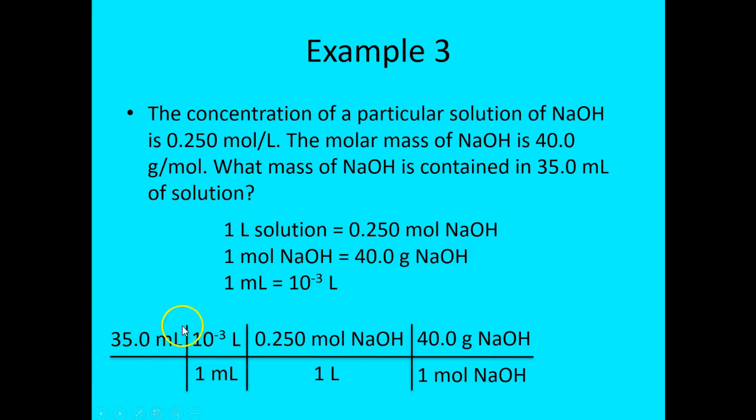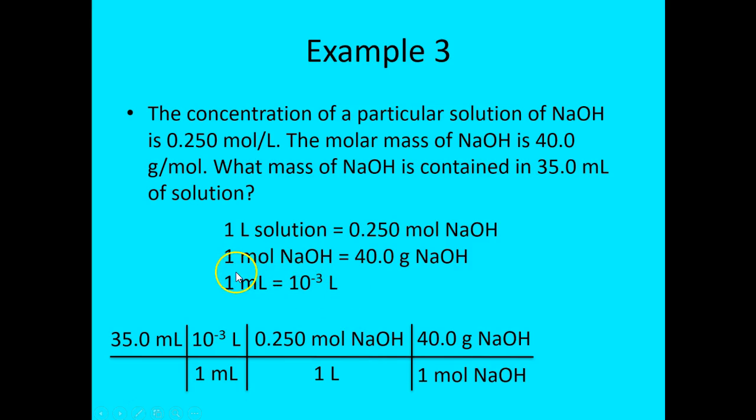So I'm starting with my measurement, 35.0 milliliters. I'm using this equality and putting it in as a conversion factor so that milliliters are canceled out and giving me liters. Now I'm using this top equality and putting it in as a conversion factor so that liters are canceled out and giving me moles of NaOH.